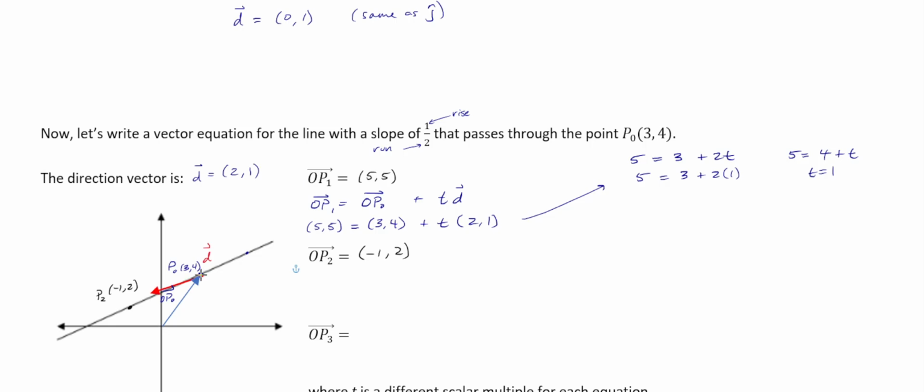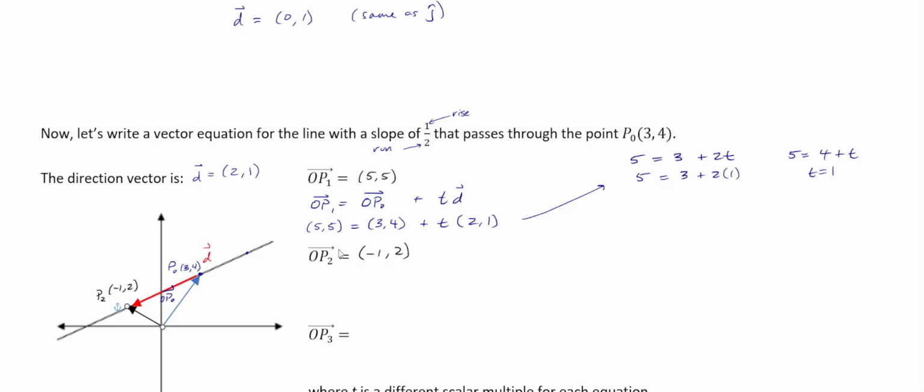So let's change that right there. That is what needs to happen to arrive at another resultant that points to another point on the line.